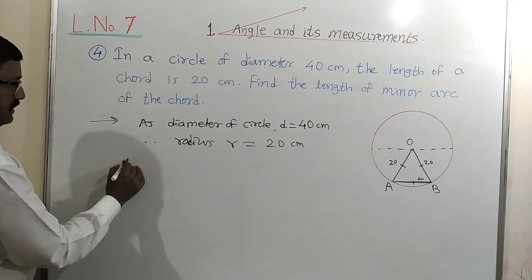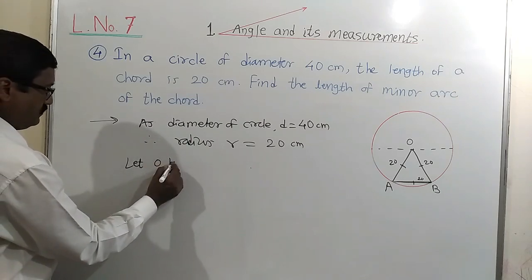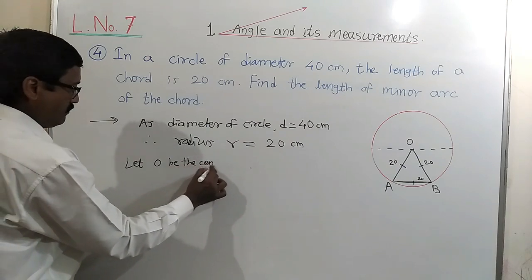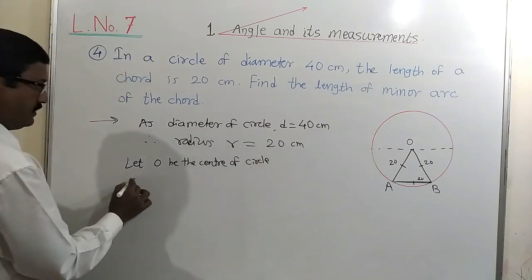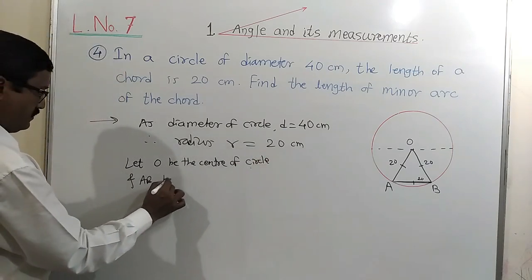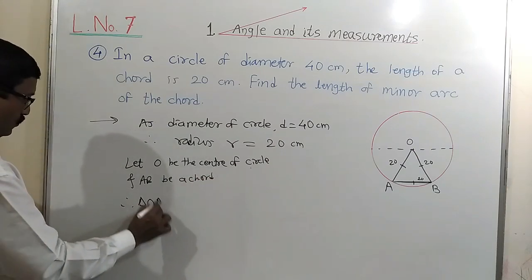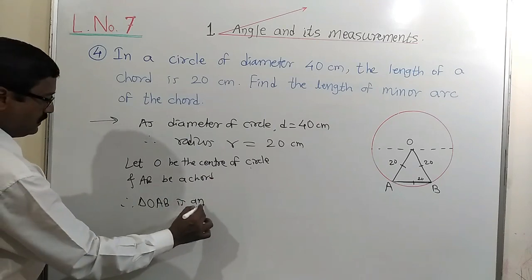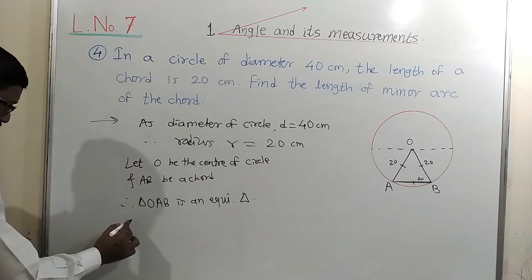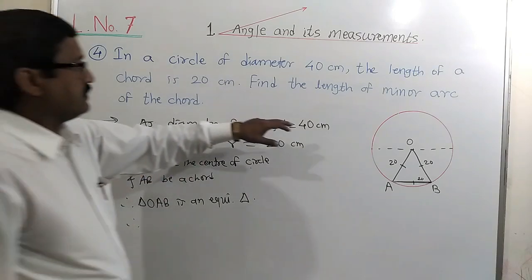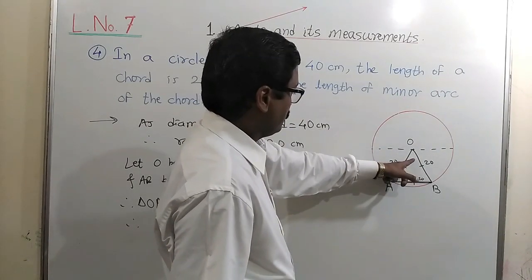Therefore, let O be the center of circle and AB be a chord. Therefore, triangle OAB is an equilateral triangle. Therefore, angle subtended by this chord at the center will be of measure 60 degree.